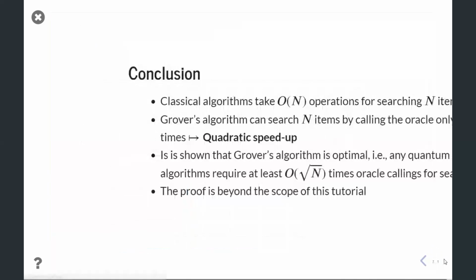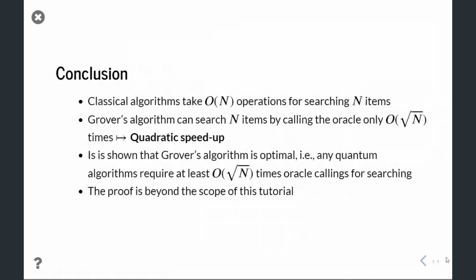So in conclusion, if we use a classical algorithm to do search on black boxes, you will have on average to query your black box function n over 2. So the order of complexity is n. But if you use the Grover algorithm, the complexity is the square root of n.